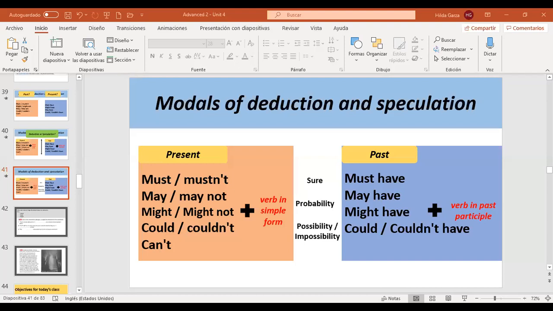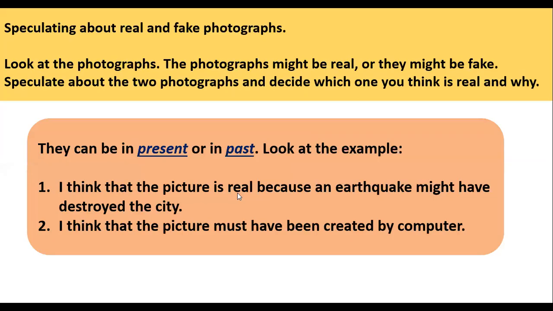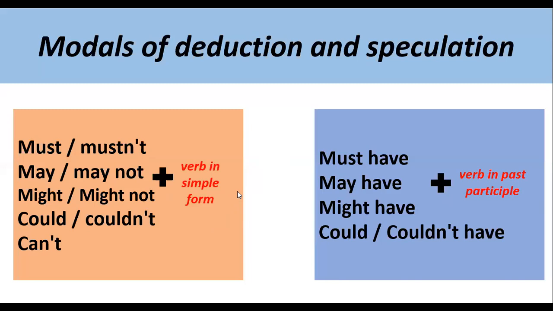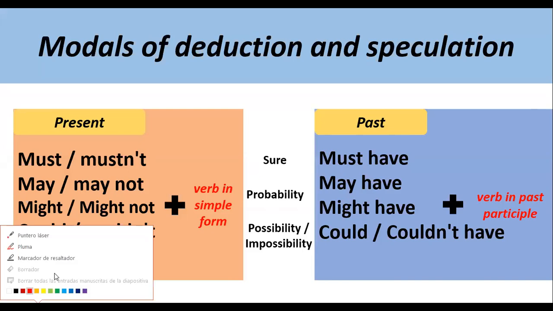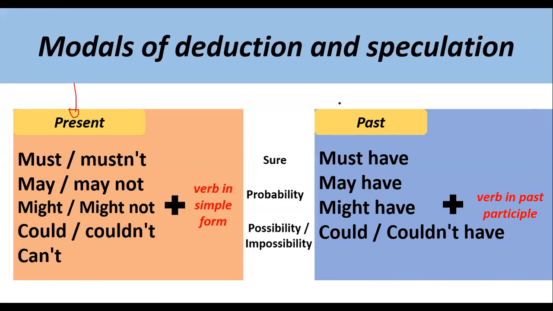So in this case, about the time, the only difference, or the important part, is that when you make your deduction or your prediction, if you're speaking or having a conversation, you need to know if you're actually talking about the past or about the present when you speak.